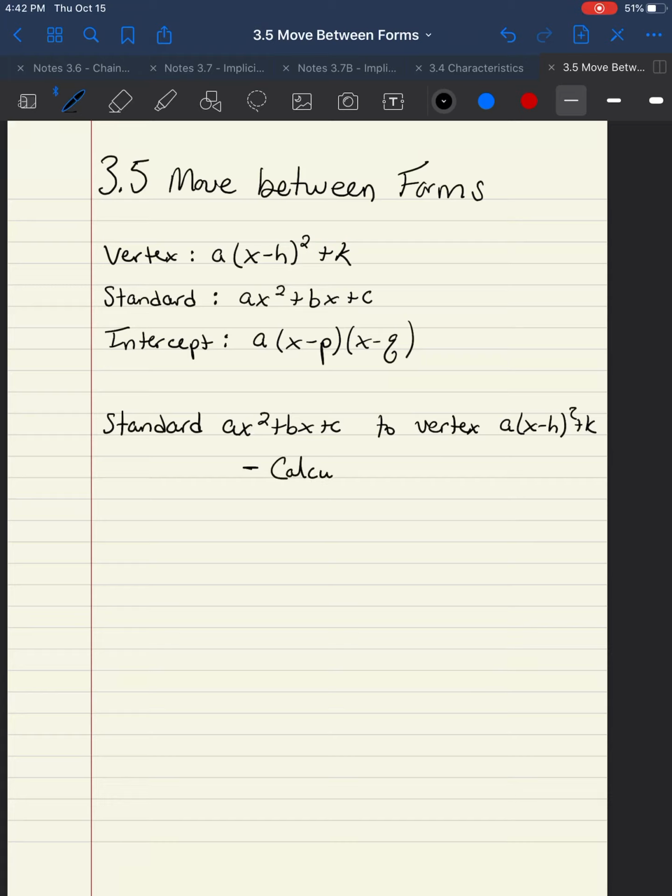First thing we're going to do is we have to calculate the vertex from standard form. Once I calculate my vertex, I'm then going to plug it into the vertex formula.